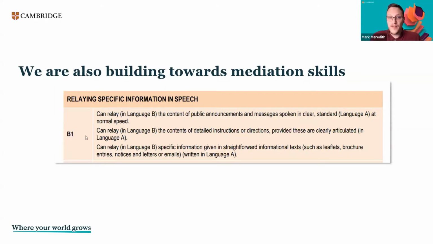Now, this is at a very high level. This is B1. We're probably talking in some places end of primary, but in most places secondary school, right? But what we're actually doing is we're starting, especially in early primary, to build our learners' skills and capabilities of being able to use these mediation skills in an active scenario.